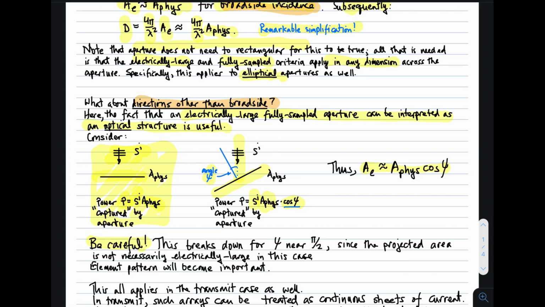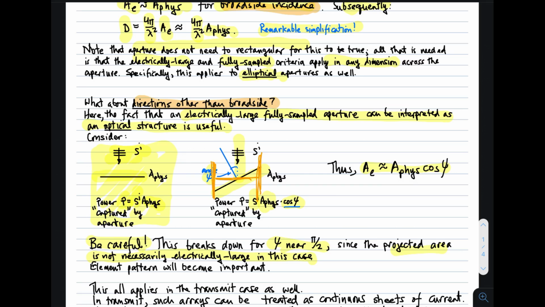This breaks down when psi is close to pi over 2, that is the end-fire direction, because the projected area is not necessarily electrically large in this case. In other words, the aperture through which the power can arrive is this distance I'm now indicating, and as we approach end-fire, that distance shrinks. Eventually that distance is no longer electrically large, and once it's no longer electrically large, it can't be optical.